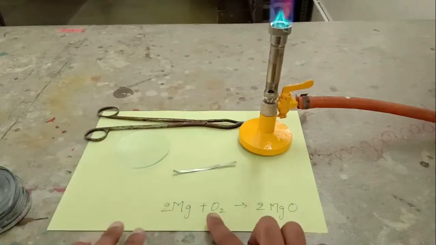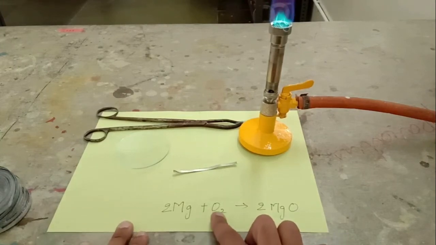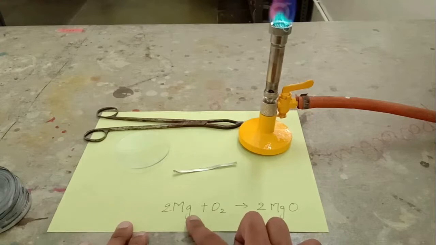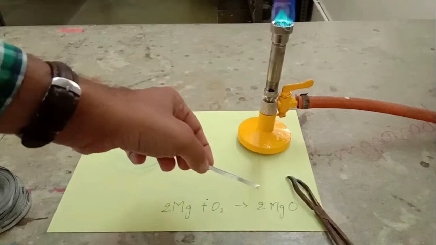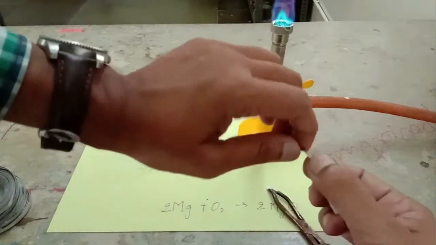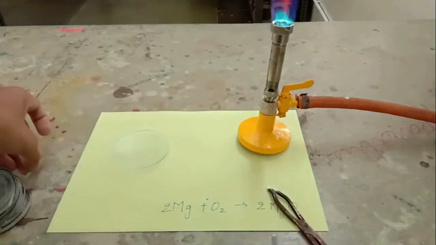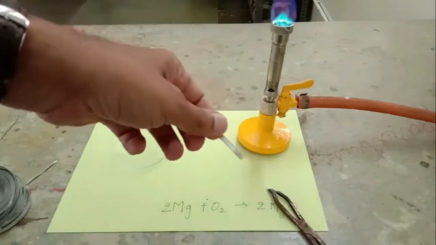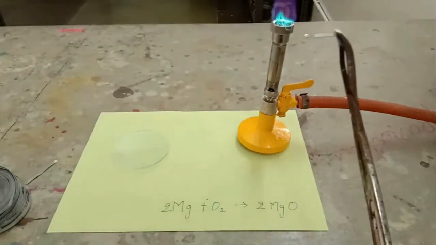Let us see what happens when magnesium burns in the presence of oxygen. A small piece of magnesium ribbon is taken and with the help of tongs, it is burnt by using the Bunsen flame.